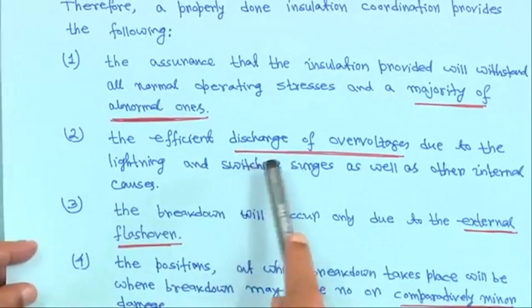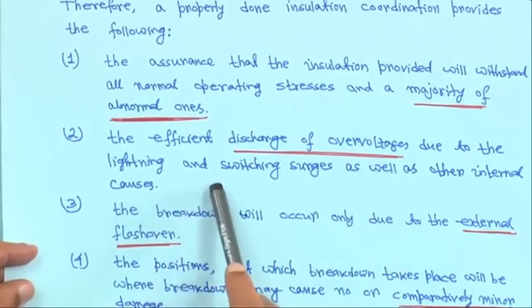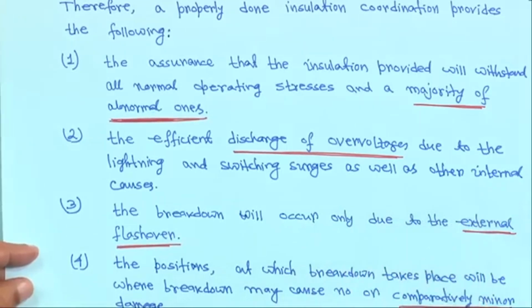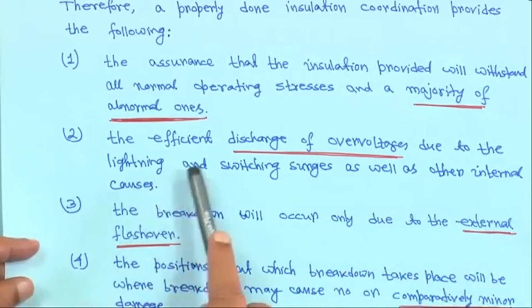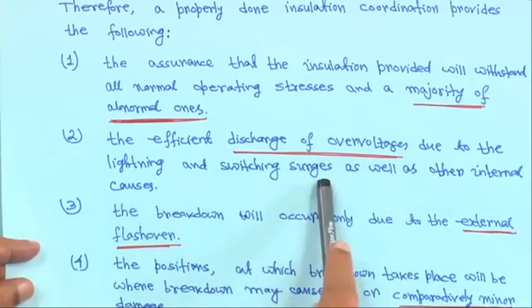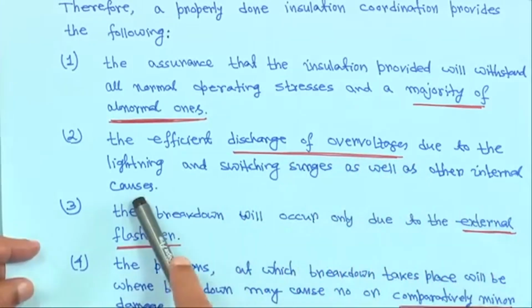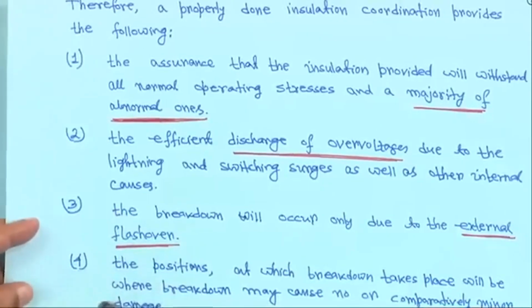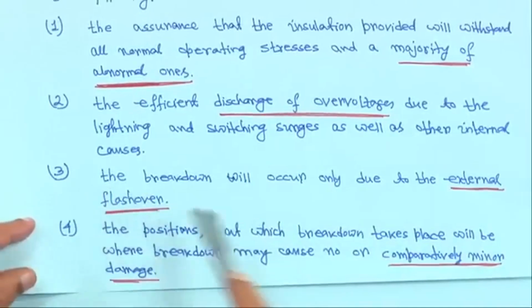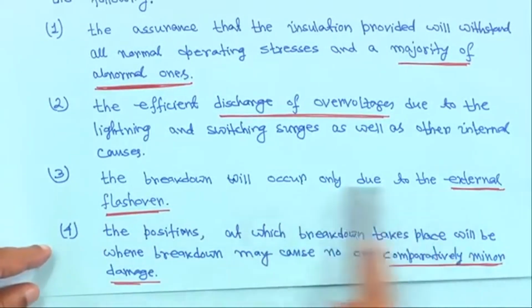Second, the efficient discharge of overvoltages due to lightning and switching surges as well as other internal causes. So, insulation has to withstand all sort of things. Number three is that breakdown will occur only due to external flashover.